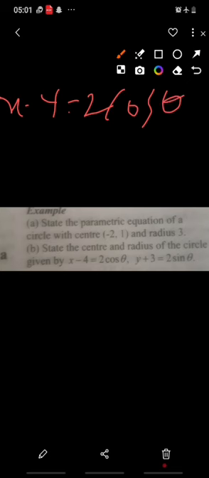So on the x-axis, we have x minus 4 is equal to 2 cos theta. Just rearrange it: x is equal to 4 plus 2 cos theta. Therefore, our a is equal to 4, and our r is equal to 2.